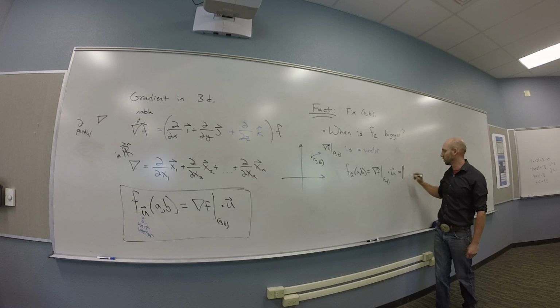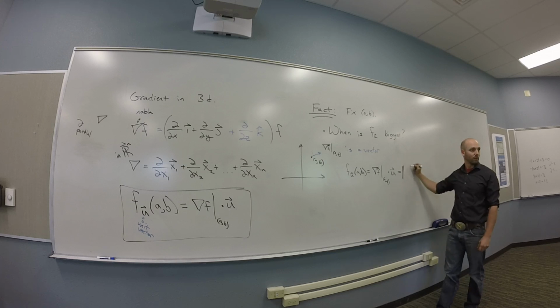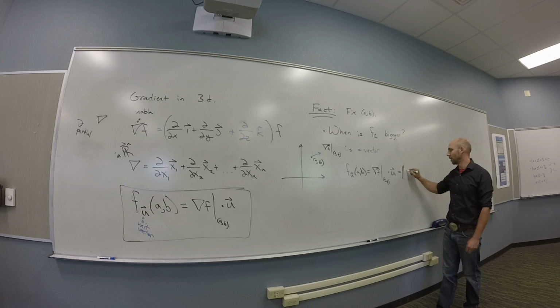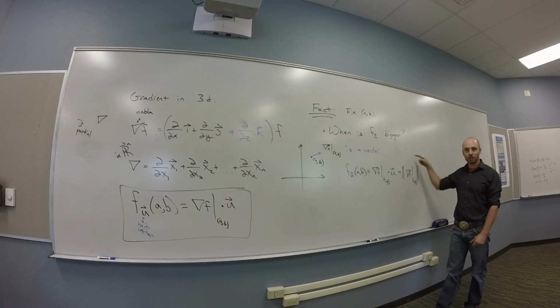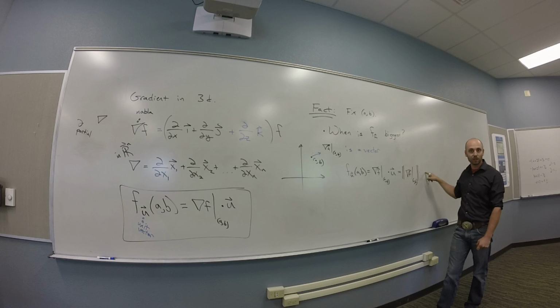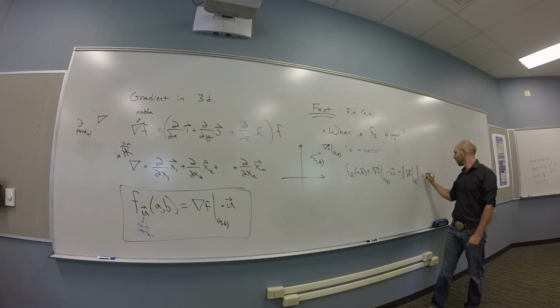This should be the magnitude of grad f evaluated at (a, b), which is just some number, times 1, the length of u, times the cosine of theta.